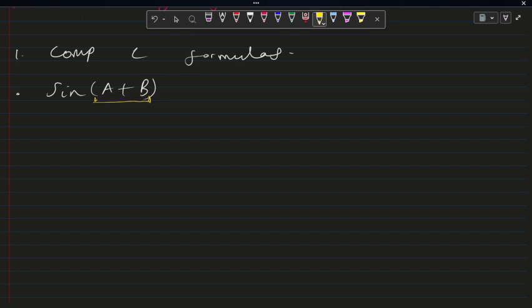It's basically the sum or the difference of two angles that gives us a compound angle. Now, if we have sine of A plus B, then the result will be sine A cos B, plus sine B cos A.